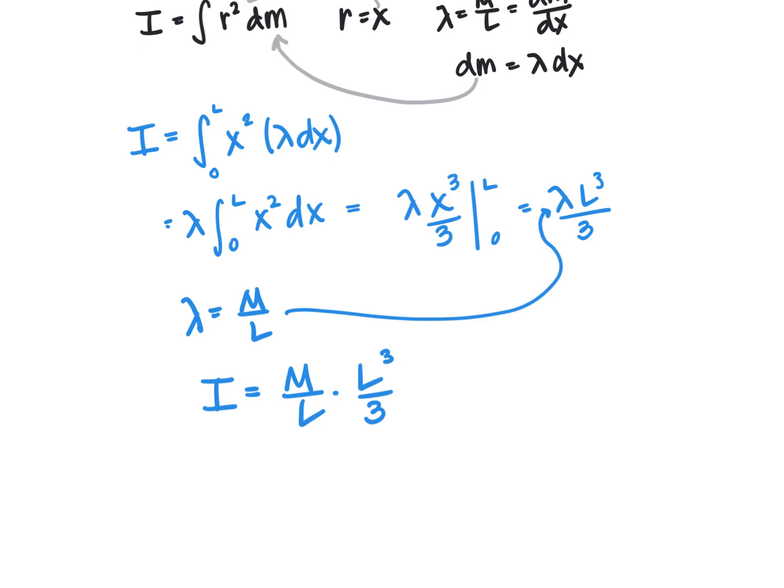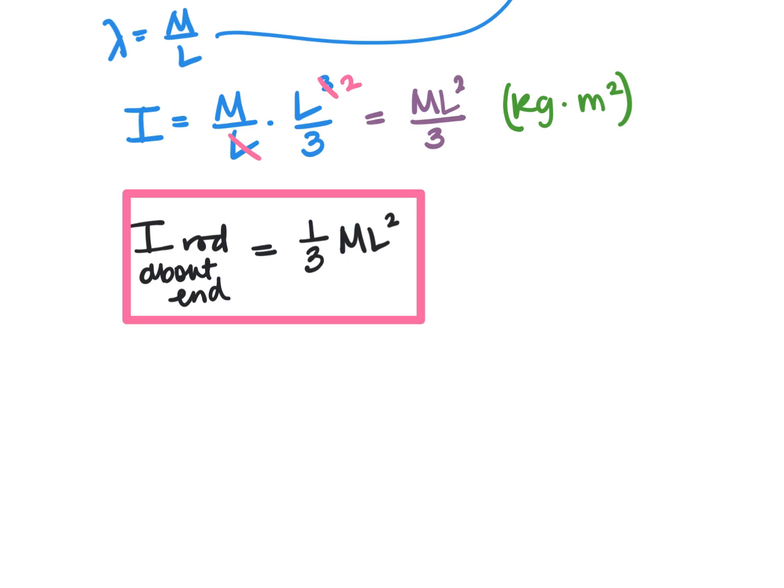You see that an L here and an L there cancel out, and that leaves us with a rotational inertia of mL squared over 3. And you'll see dimensionally that this is kilogram times meter squared, so it matches our expected relationship. So we can use this: the rotational inertia of the rod about its end is 1/3 mL squared.